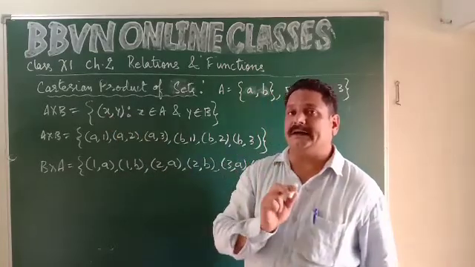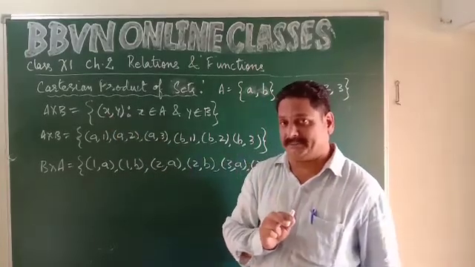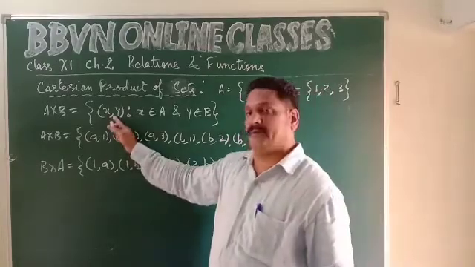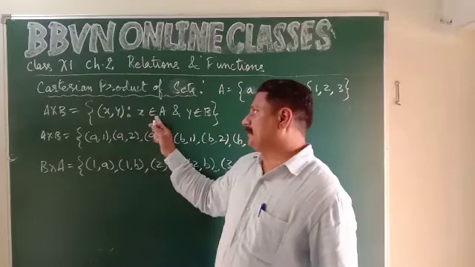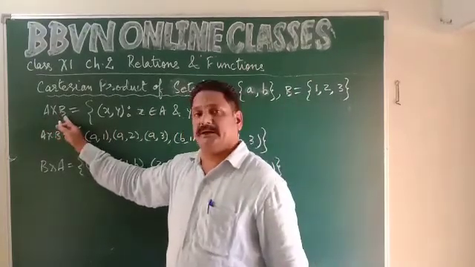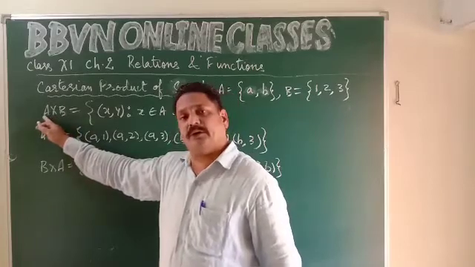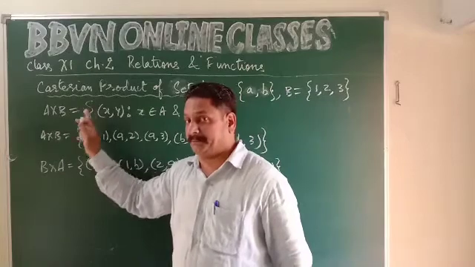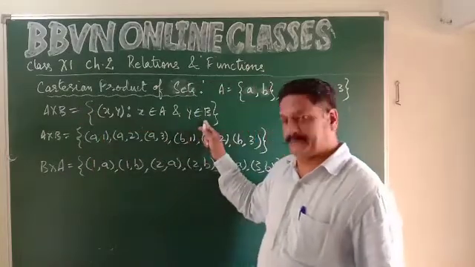Each element in the Cartesian product will be in the form of an ordered pair x comma y, such that x belongs to A and y belongs to B. The first element x will always be from A and the second element y will always be from set B.